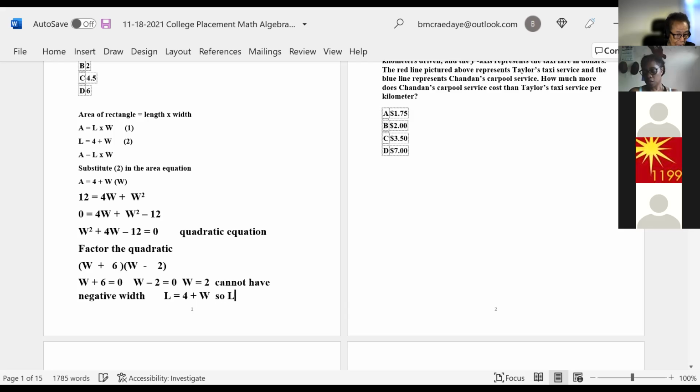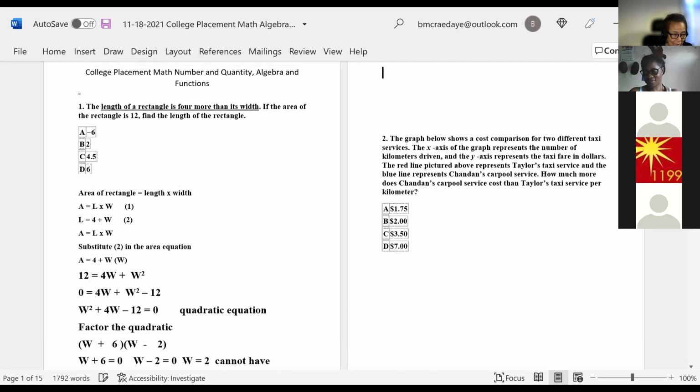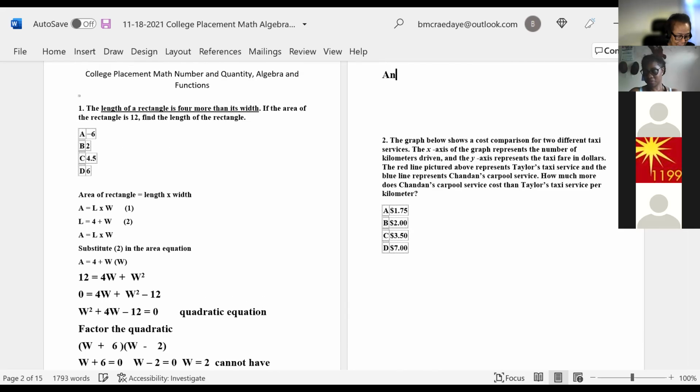Length equals 4 plus 2, equals 6. So the answer would be what? D. That's right. The answer is D.